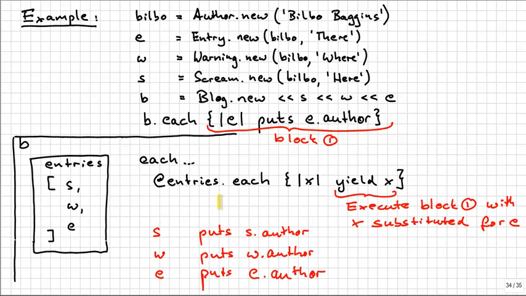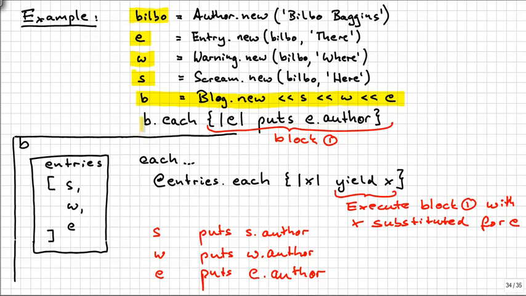Let's illustrate this with an example. We are creating a new author here, Bilbo, and 3 entries. The first is a regular entry, the second is a warning, and the third one is a scream. And then we create a new blog and push onto it the scream, the warning, and the entry.